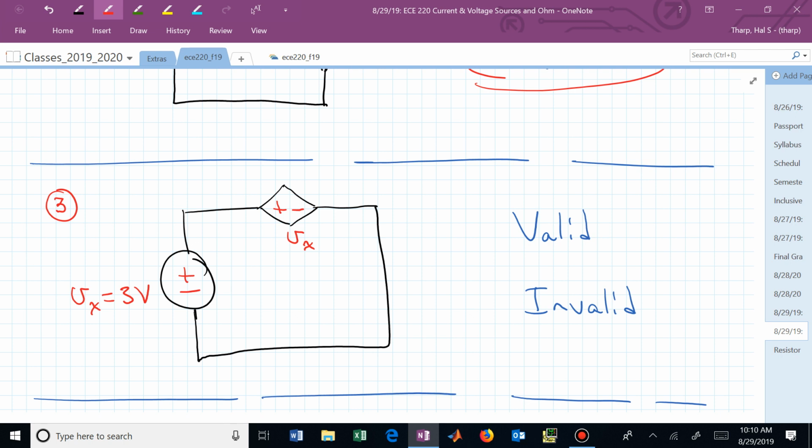How many think it's valid? How many think it's invalid? This is similar to one of the previous ones where you were saying, well, now we're going up, let's say 3 stairs, and what do we do next? We go down V sub x, but what's V sub x? 3 stairs. So this one is in fact valid.